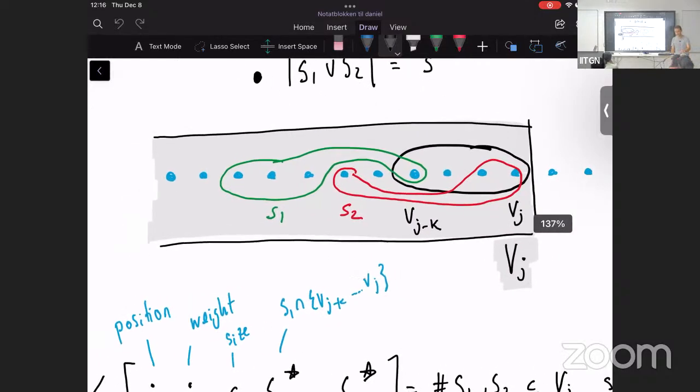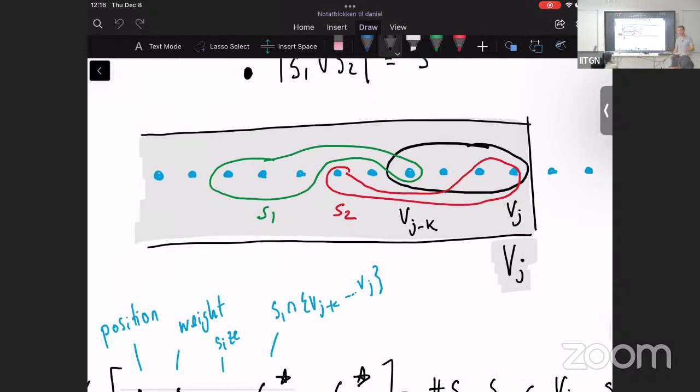So now we want to group our pairs S1, S2 into equivalence classes. We want to look at what the intersection of S1 and S2 with this prefix could be, and group them into equivalence classes so that everyone in the same equivalence class can be extended by the same stuff to the right.